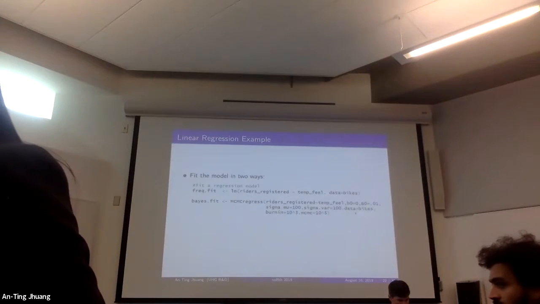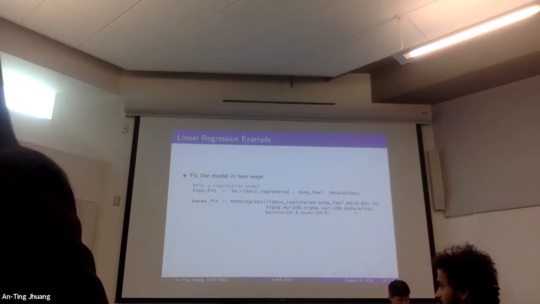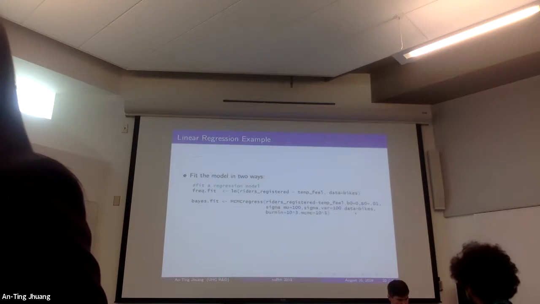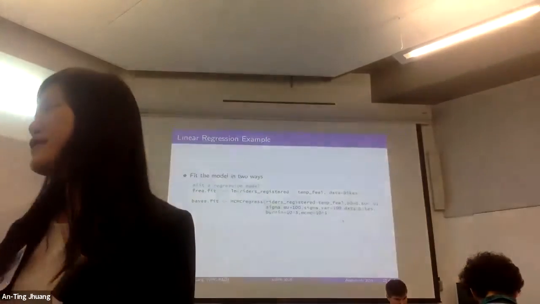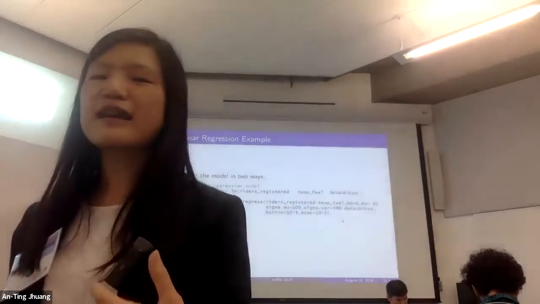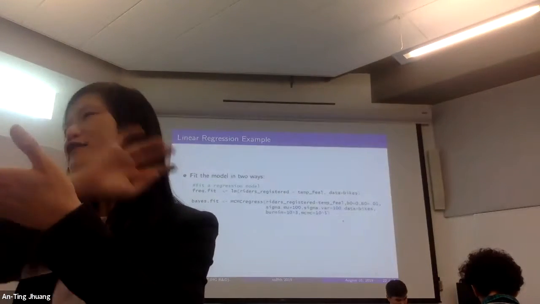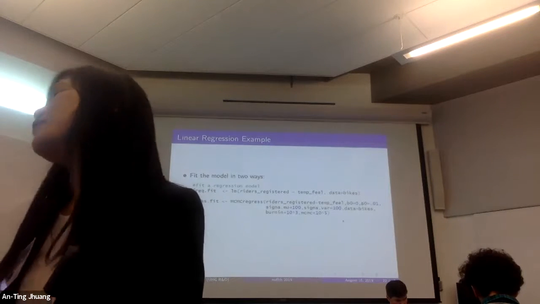Can I ask a question? Sure. For the number of burn-in iterations that you do, is there any magic to picking that, or do you just make sure you have some robust number? There's no rule of thumb, but what I usually do is look at a trace plot to see the trend and make my final decision.